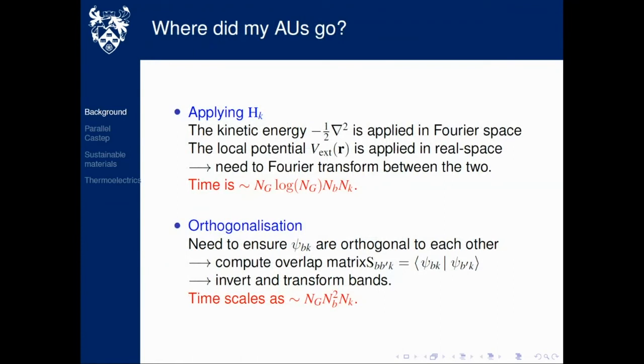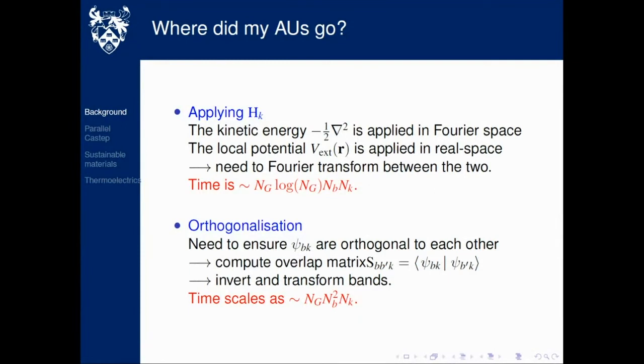So where does CASTEP actually spend its time? There are two bits actually. The first bit is what I've just said, applying the Hamiltonian. And the two bits that you might particularly notice: the kinetic energy part of this, I've written the actual mathematical part here, but it's not very important. The kinetic energy is a differential operator. It's extremely efficient in my plane wave basis in Fourier space.